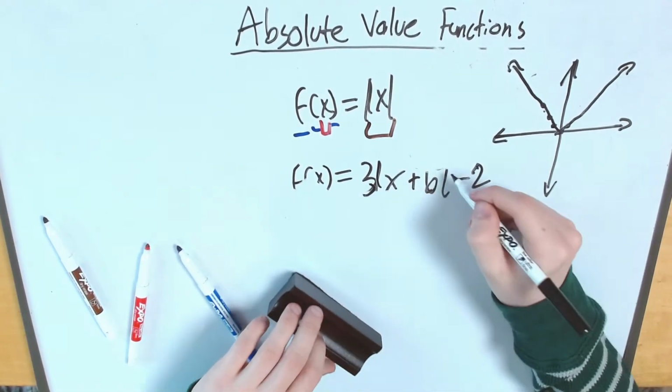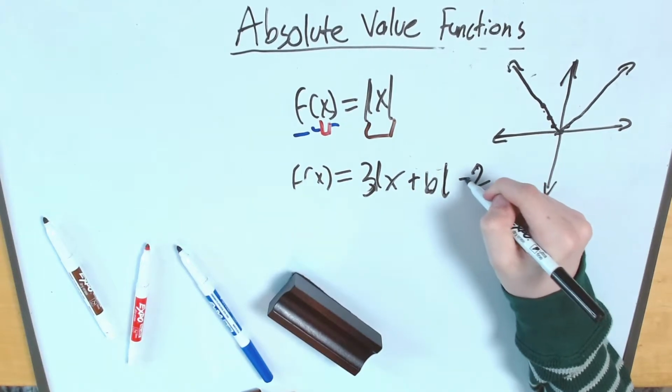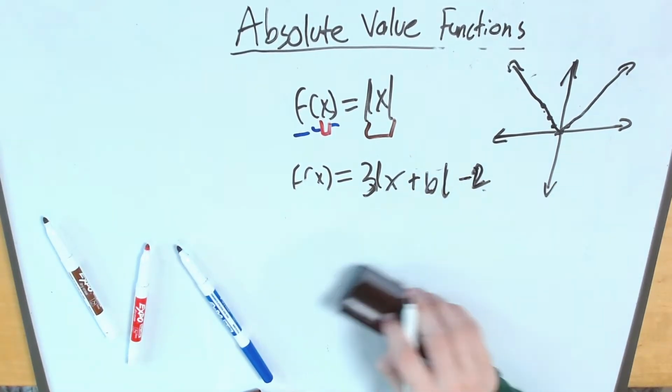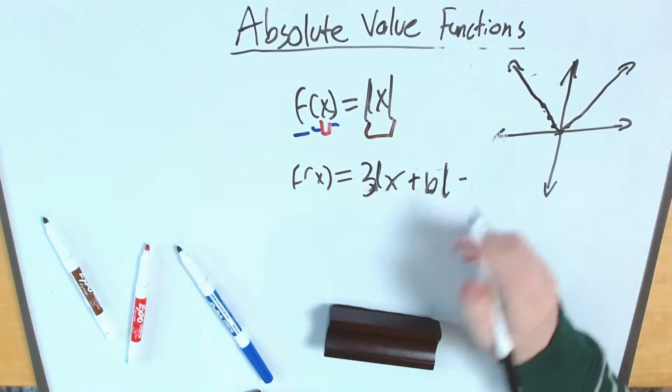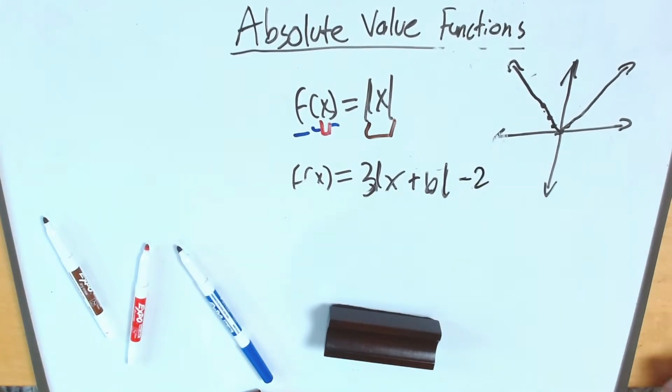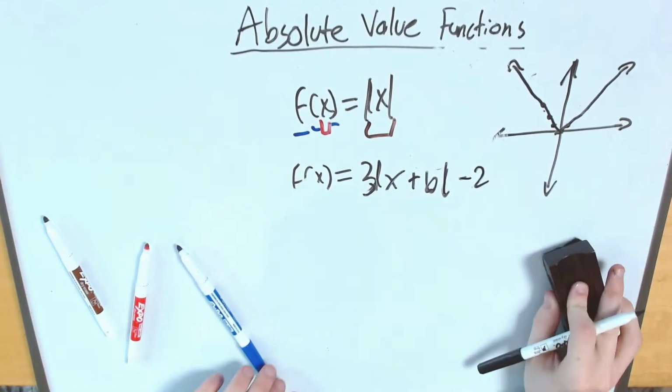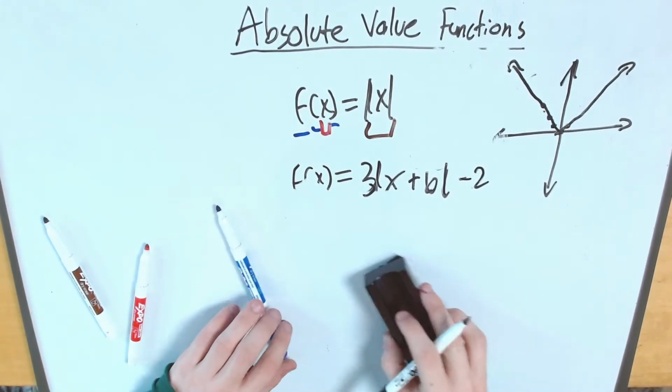And the particularly lucky thing is that when you're asked to graph these absolute value functions, you can follow the same general pattern that we use to graph quadratic functions. If you haven't seen my quadratic function video, I recommend you see it. But in this case, we can use the same general rules that we apply to them.